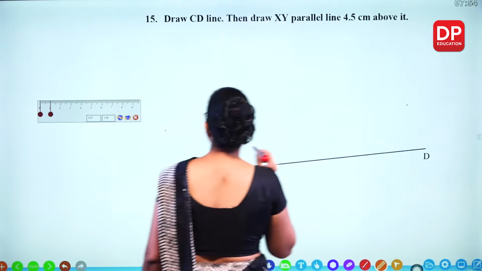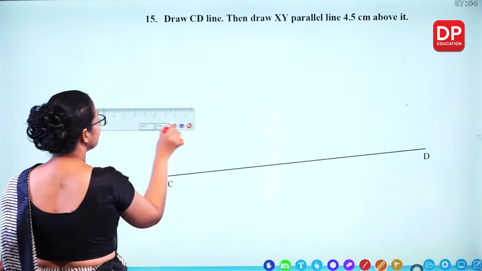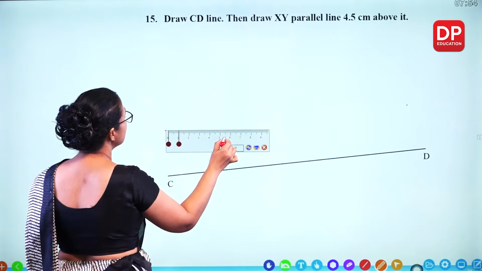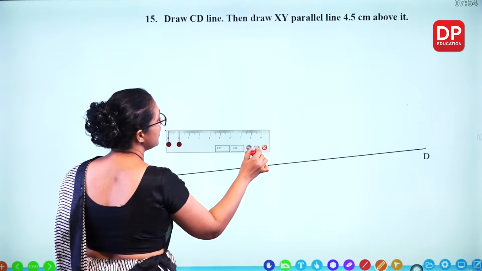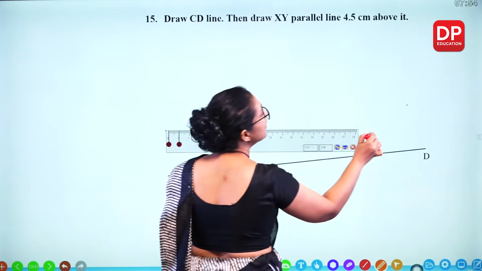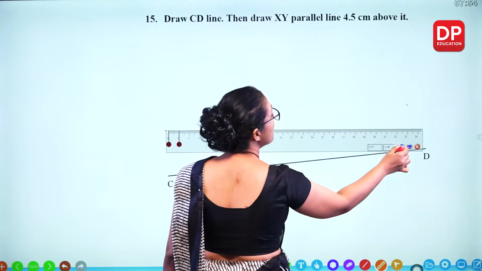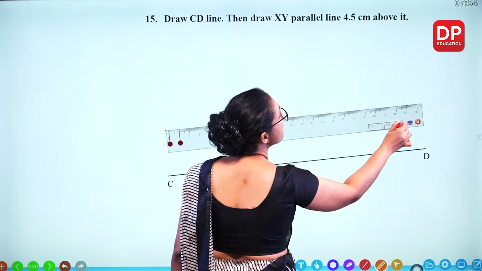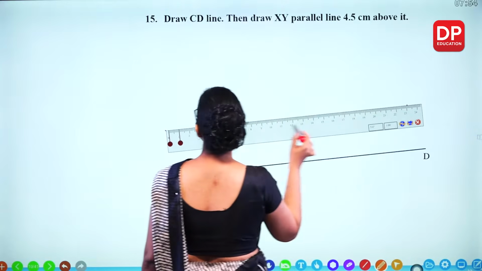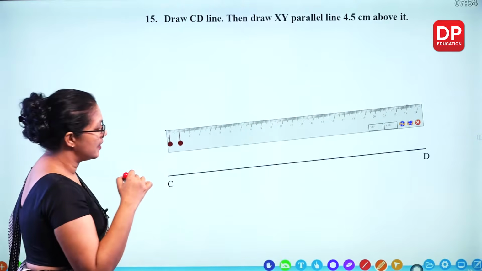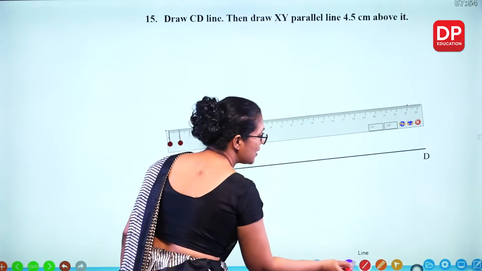Now you can take the ruler and connect the 2 points. This point and this point. So you can connect it with a ruler.